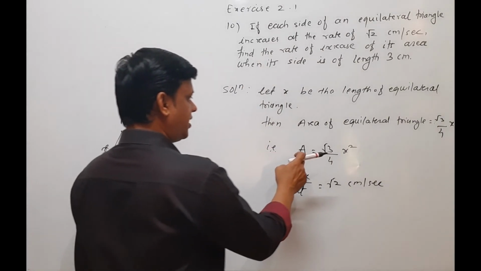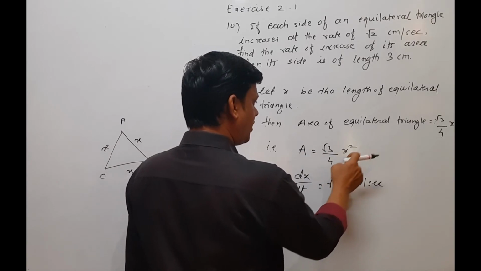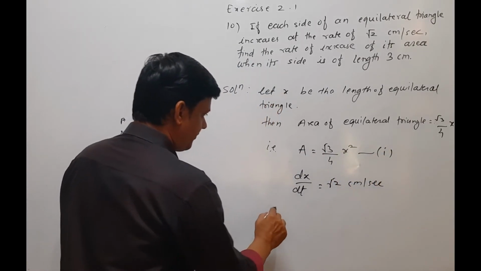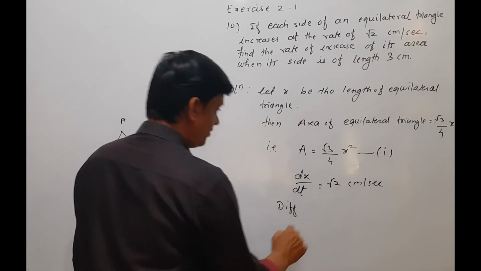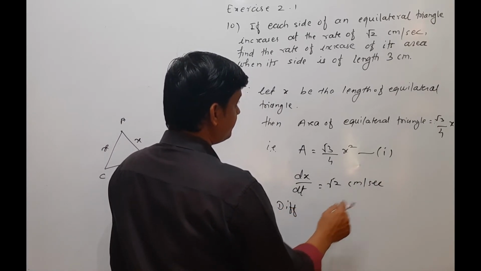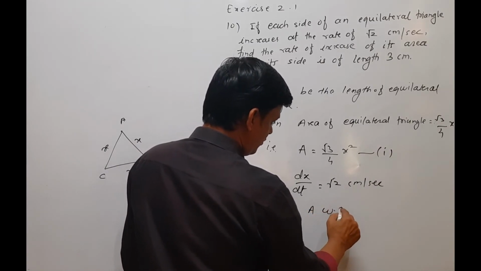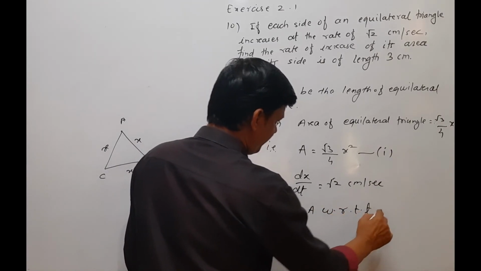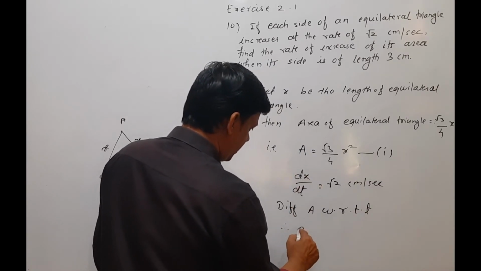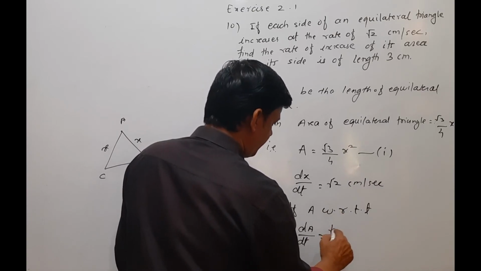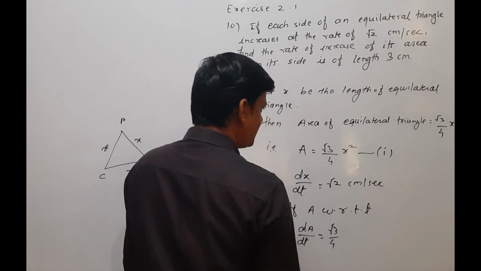So we differentiate this A equals to root 3 by 4 x square with respect to t. So right here differentiate A with respect to t. Therefore we get here dA by dt is equals to root 3 by 4 is constant, so keep as it is.